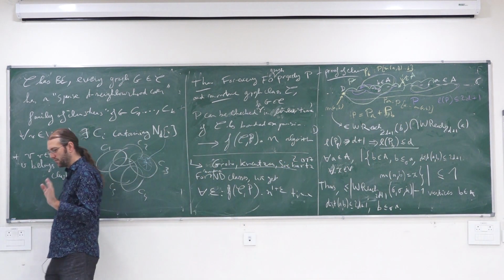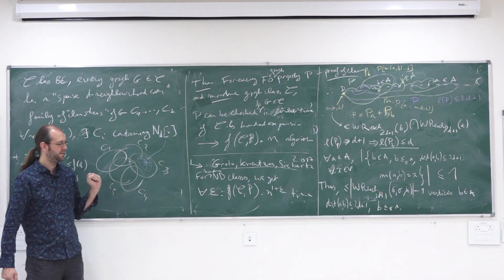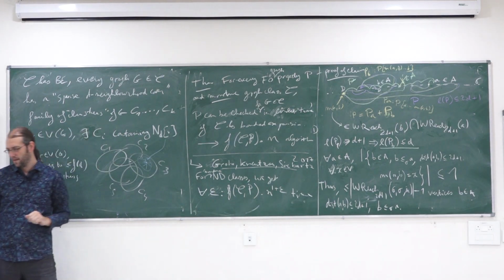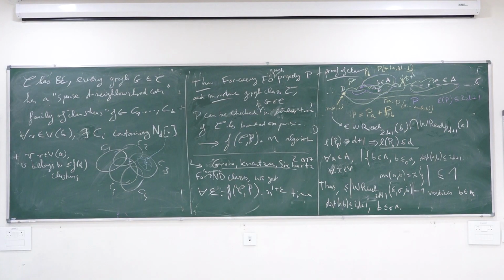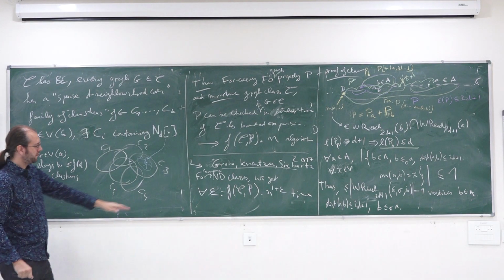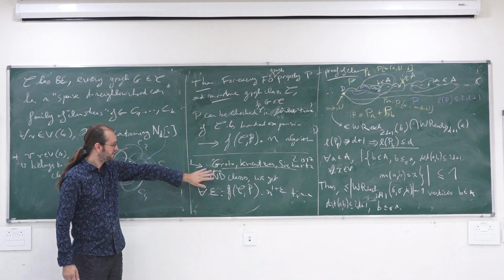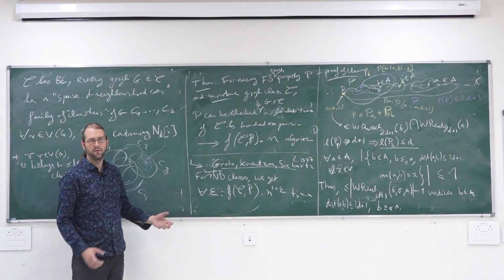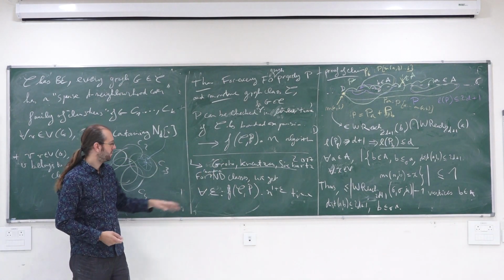You only require that you're stable by deleting vertices. So this is what hereditary graph classes are. So this works only if your graph class is monotone, so this is a stronger property. Lower dense. Yes, lower dense.